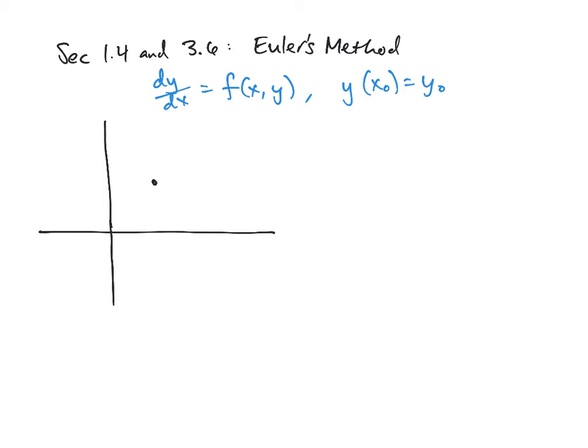So we're given an initial point, x naught, y naught. And what we're looking for is a solution. So we'll call this function phi of x, and this is the solution that we want.